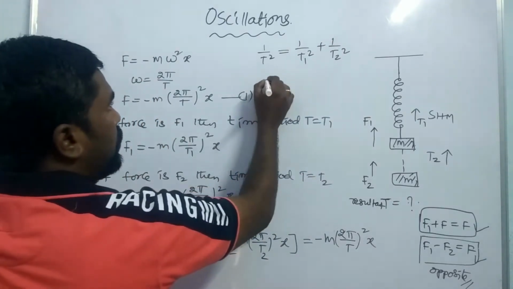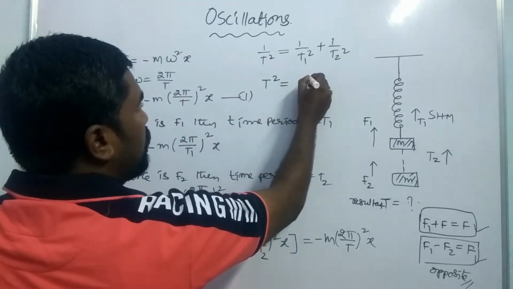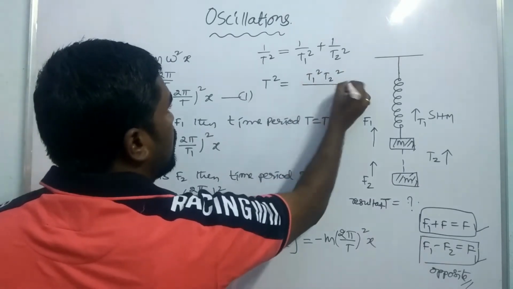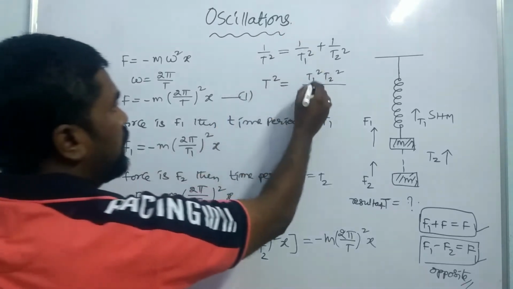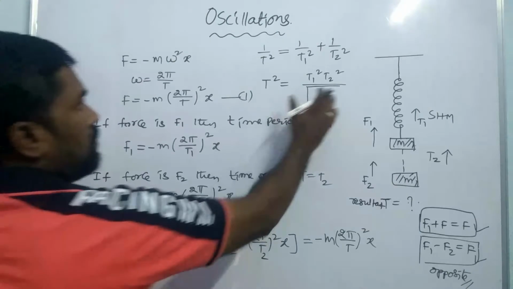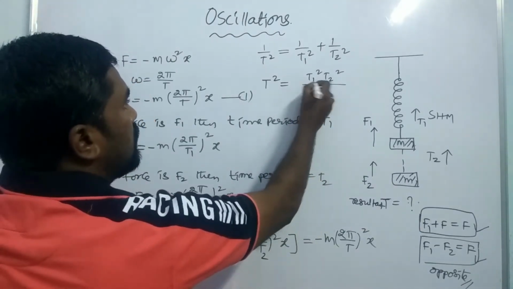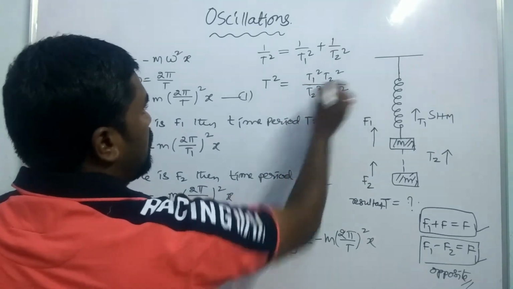So therefore you can write that t square is equal to t1 square t2 square by t1 square t2 square, which is the LCM here, and it will be t2 square plus t1 square.